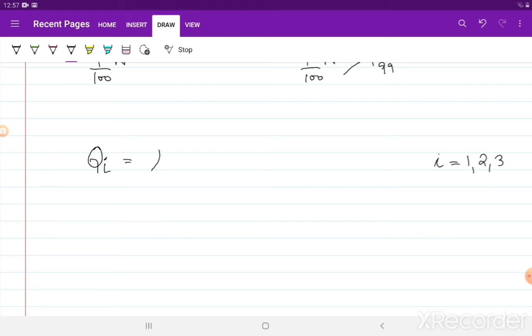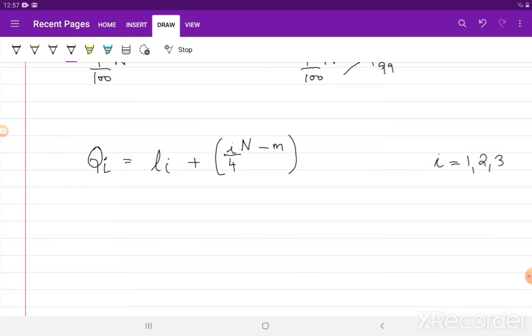The general formula will be Li, which is the lower limit of the corresponding quartile class, plus in brackets I by 4 times n minus m.